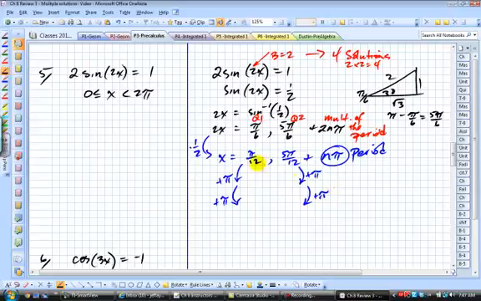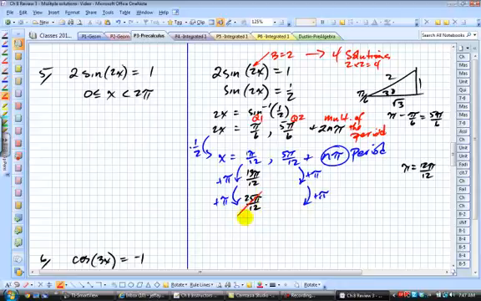Of course you have to have common denominators, and as we know, pi is equivalent to 12/12 pi, so I have to add 12/12 to each one of these to get another one. So I get 13 pi over 12 here. You just basically add 12 in the numerator. 1 plus 12 is 13. 13 plus 12 is 25, so I get 25 pi over 12, which is bigger than 2 pi.